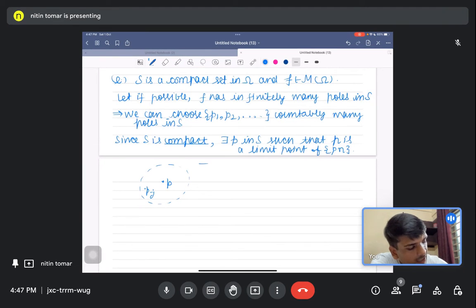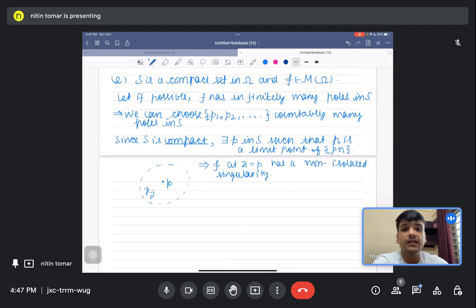But that cannot be possible, right? Which means f at z equal to p has a non-isolated singularity. Yes or no? Is this clear? Because non-isolated, why?